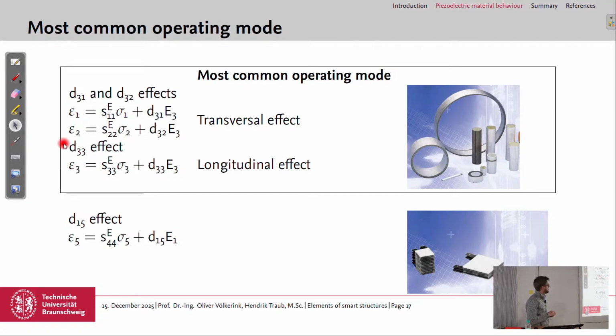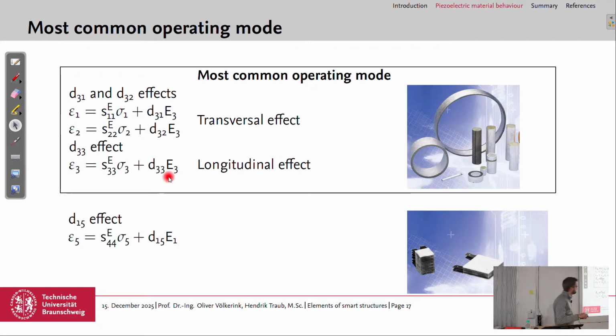And then we could, of course, use the longitudinal effect, which gives us the highest deformation or the highest strain, and this would be strain in 3 direction, which equals compliance S33 times stress sigma 3 plus D33 times E3. So if we speak later on about actuators, then we use the terms D31 and D33 effect most of the time.